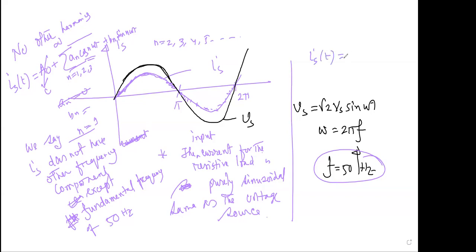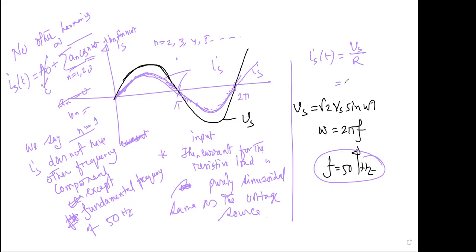Say this is your IS current. Then what will be the expression of this one? Can anyone tell me? Vs by R. Am I correct or not?